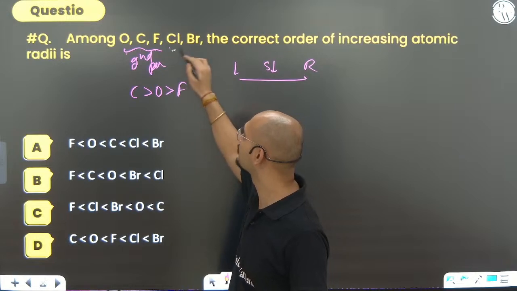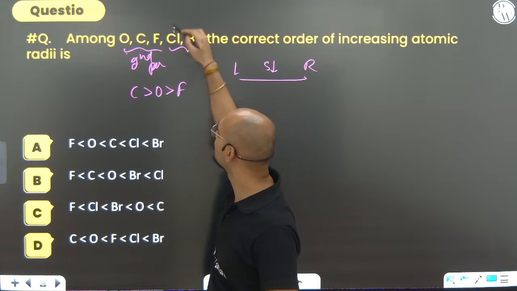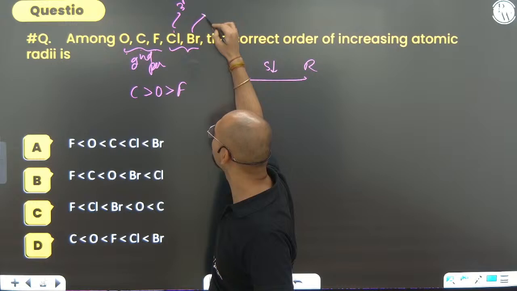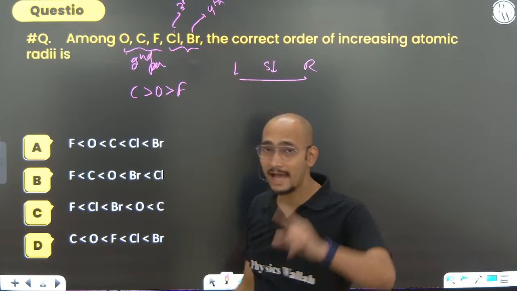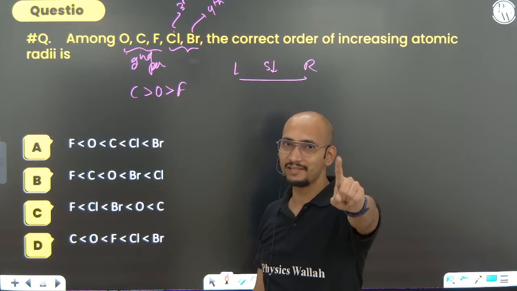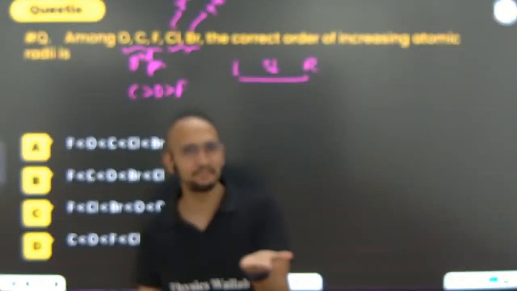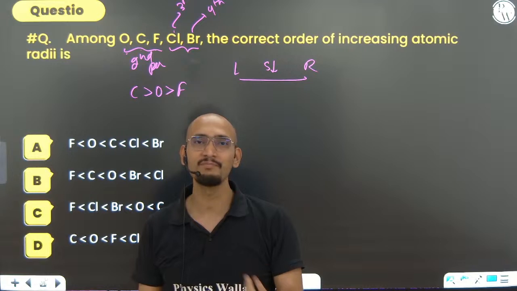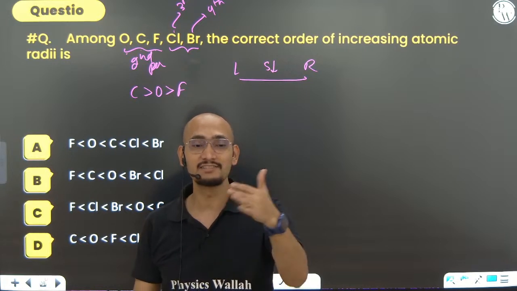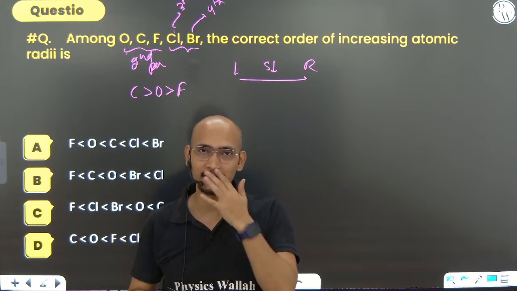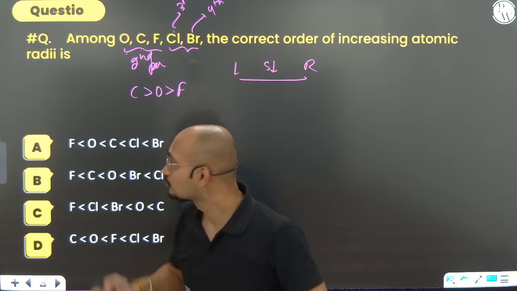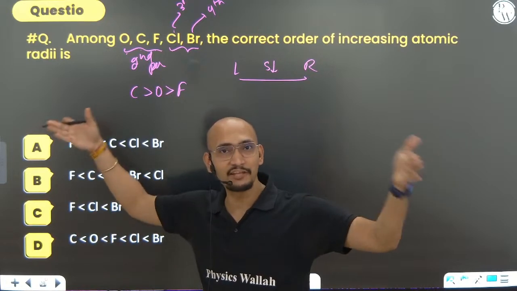But as we go to chlorine, it is from the 3rd period, and bromine from the 4th period. Always remember, as we go from left to right, we generally see Z effective, but as we go from top to bottom, we generally see the change in shell. That is the main reason for any periodic change. As the shell changes, the difference in size becomes bigger.